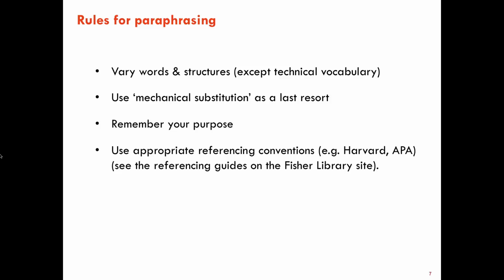In some cases, especially when referring to a particular idea in a work, rather than to the general idea of a whole work, you must put in page numbers. For example, the Harvard system requires it. The APA system recommends it. There are many quirks and variations in referencing, so it's worth looking at the guides on the Fisher Library website.